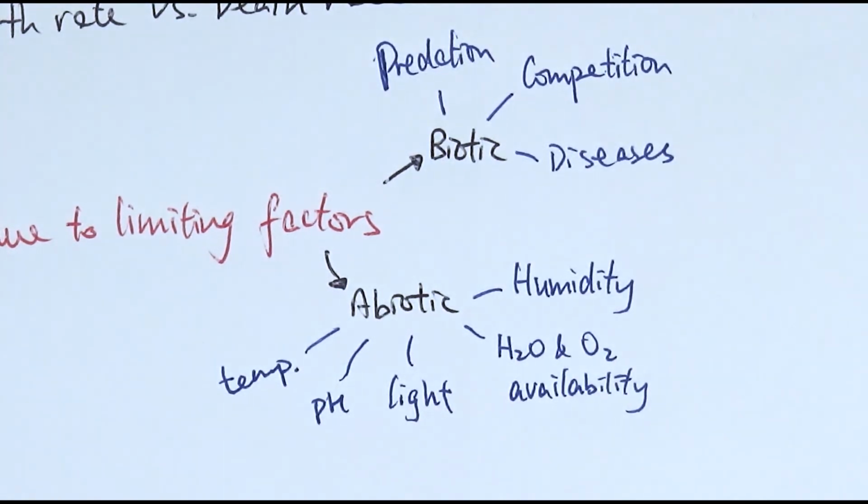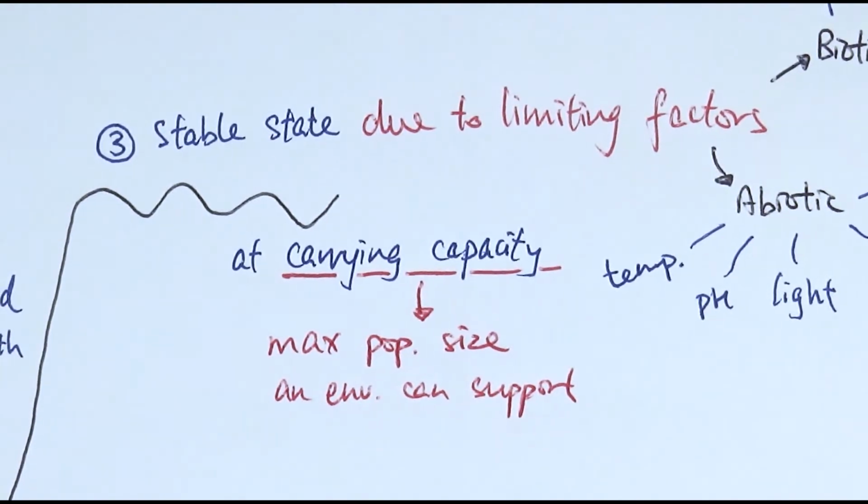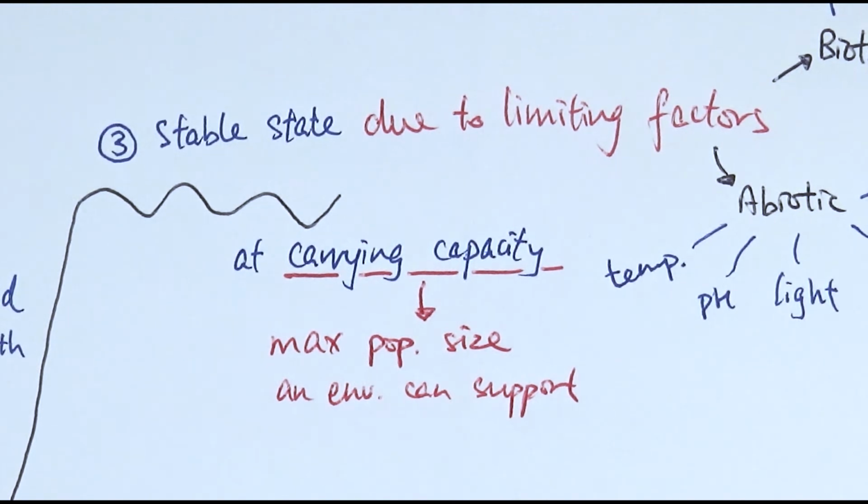Abiotic factors will be things like humidity, water and oxygen levels, light intensity, the pH, and the temperature. So these are all non-living factors that would affect the number of organisms within a population. Keeping in mind that these are things that would affect how their body works or how well they are adapted to the environment, and that is how they would affect it. So we sometimes say that the organisms or the population is at its carrying capacity.